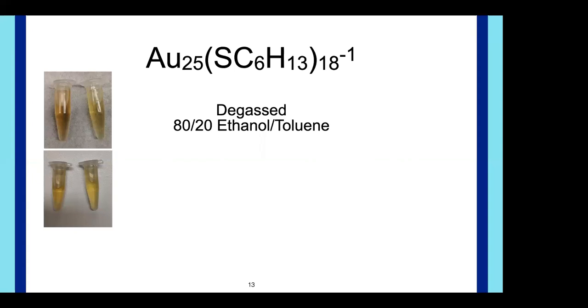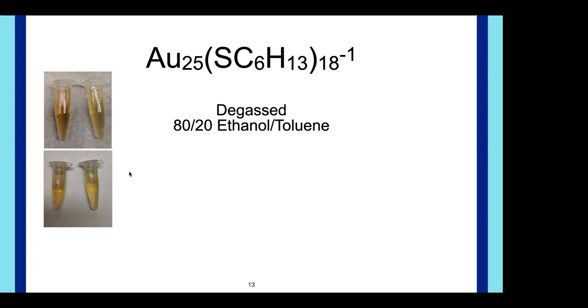For this, I had to use degassed solvents only because the ethanol toluene mixture would oxidize this very, very quickly back down to the 0 charge state. However, on the left here, I have before and after pictures of the gold -1, which is this slight orange color, to the 0 charge state, which is this hint of green kind of solution.